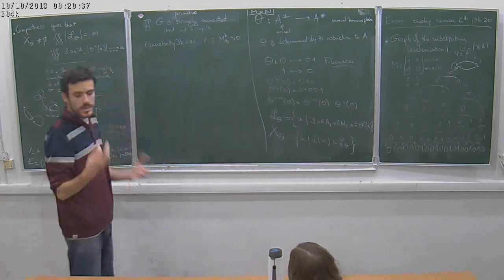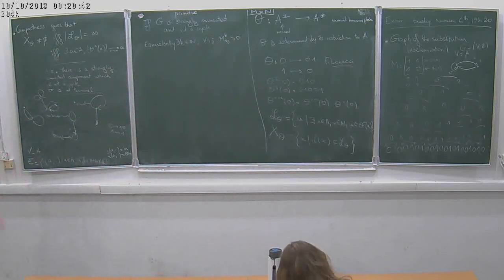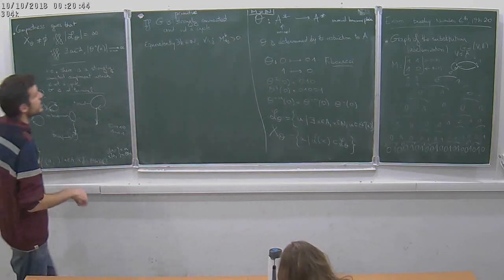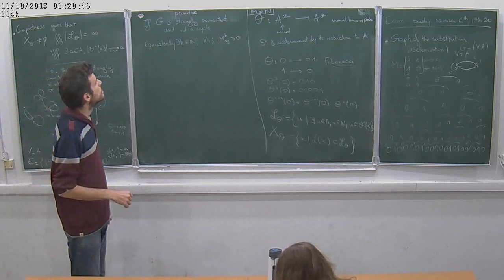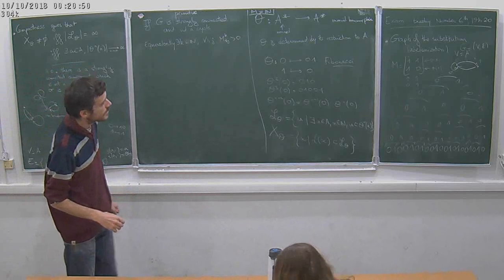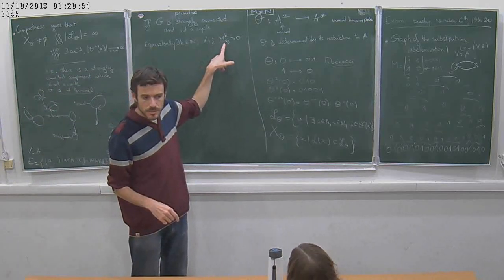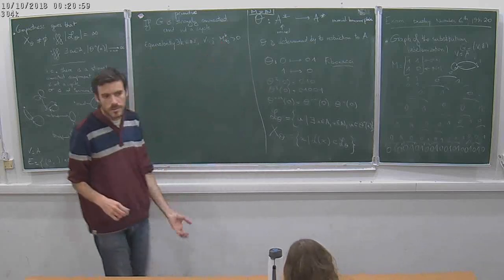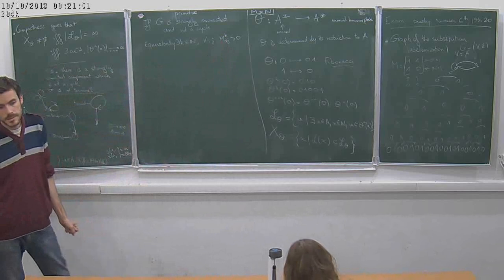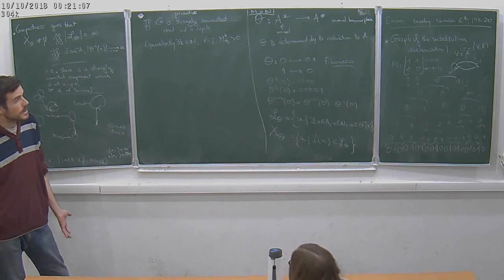In terms of graph, it means something about the greatest common divisor of the cycle lengths. So how can I interpret this in terms of my substitution? What is M to the k, by the way? It's rather clear. It's the matrix associated to the substitution theta to the k.